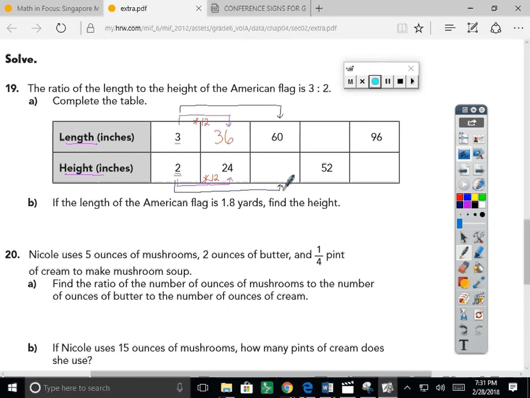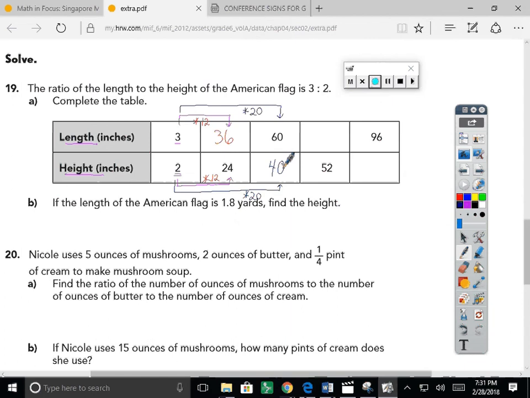Well, in this case, I know 3 goes into 60 20 times. And it looks like I'm multiplying. The number's getting bigger, so I'm going to say 3 times 20 will get me 60. If that's true, I do the same thing with the second term. I take the height of 2 and I multiply by 20. Well, 2 times 20 is actually 40, so we just found the missing term of our ratio, or the missing piece.